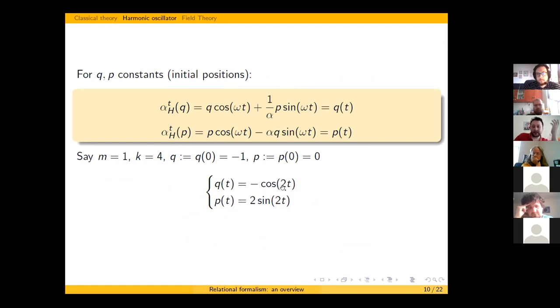For example, in this case, you can just invert to get T expressed as a function of Q, and substitute here, and we get the same thing that we got at the end. In this case, it's very simple, but of course, for a more complicated system, it doesn't work like this.